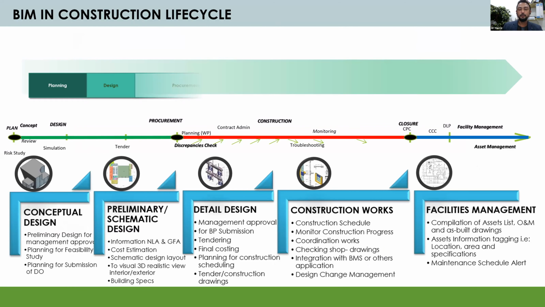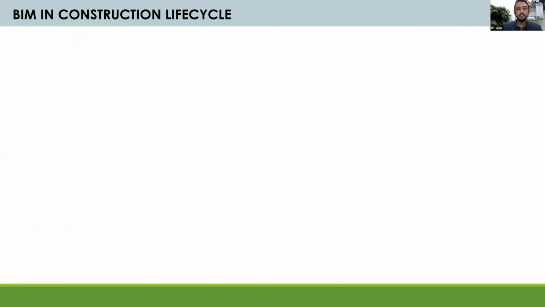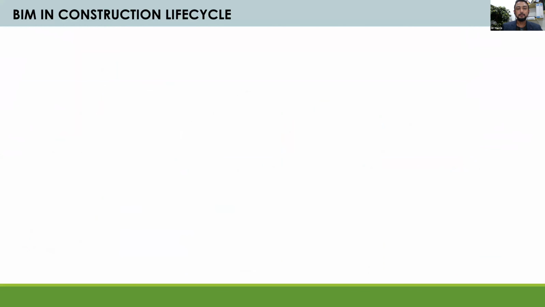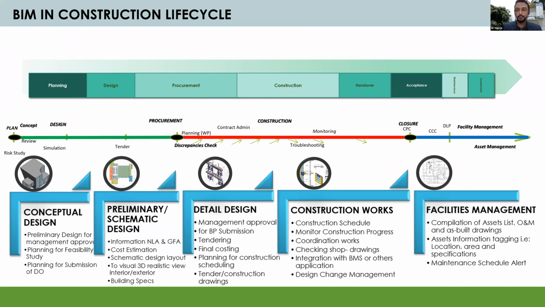So the way you implement BIM in the organization and how you implement BIM for the project is different. It's not the same. In the organization, you implement BIM for the purpose of the organization itself. The architect implements BIM for the purpose of the architect, the engineer for the purpose of the engineer, and so on.